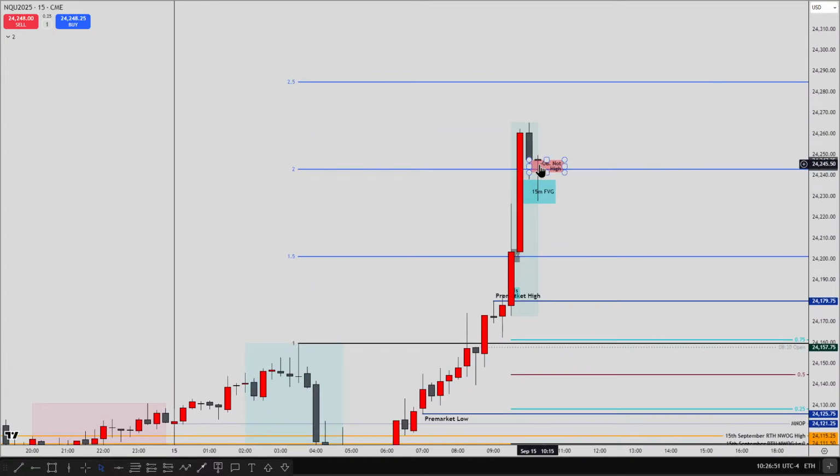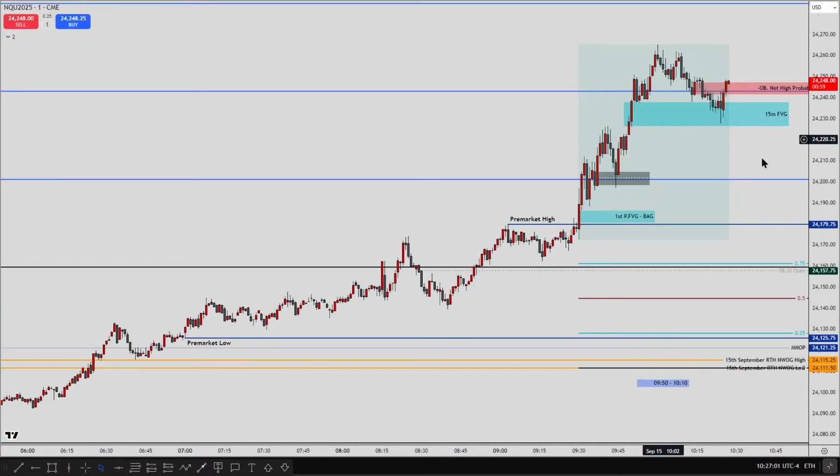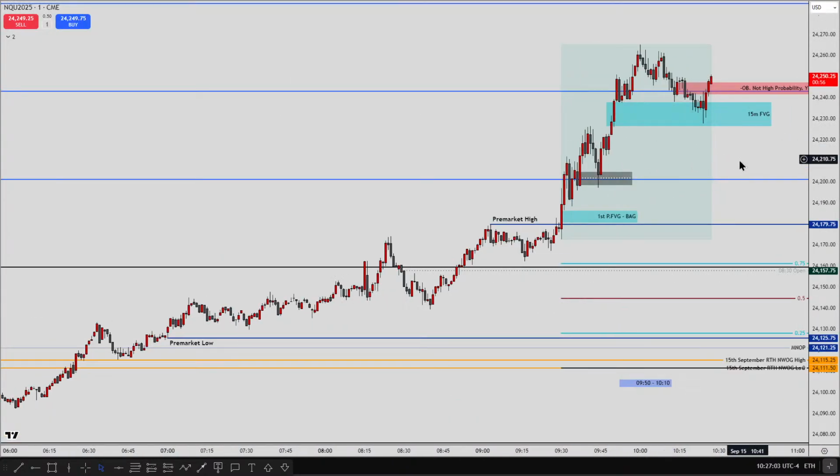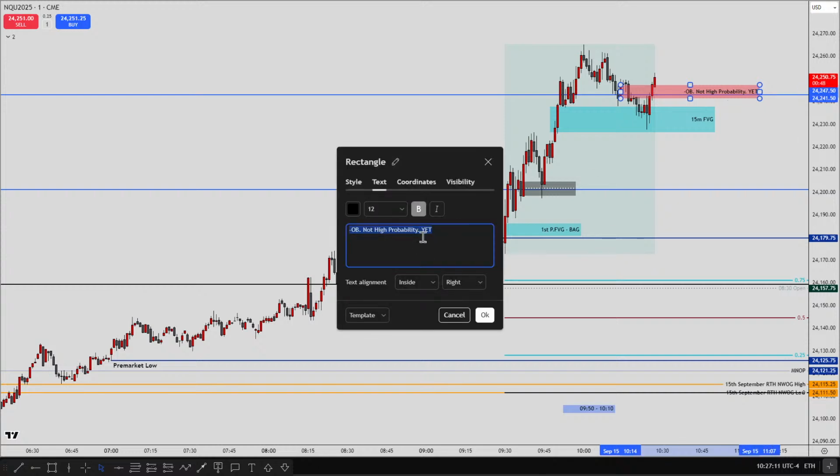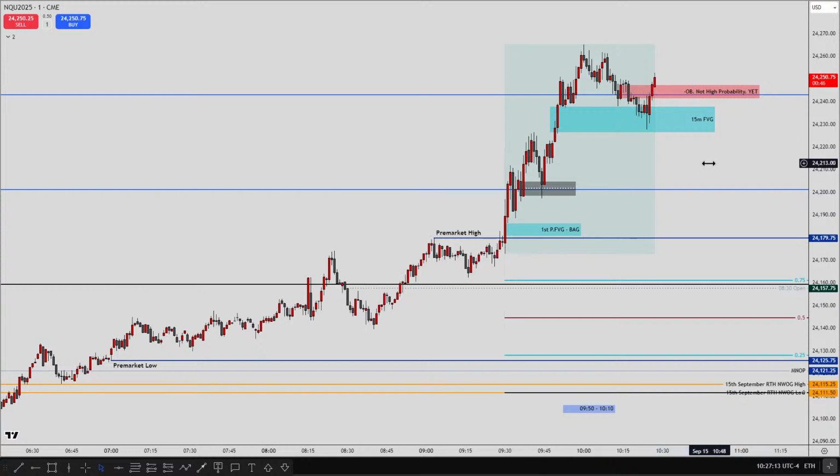But it is setting up a potential bullish order block for the next candle. So we'll have to wait and see for that. It's almost like I knew it wouldn't deliver. Interesting.